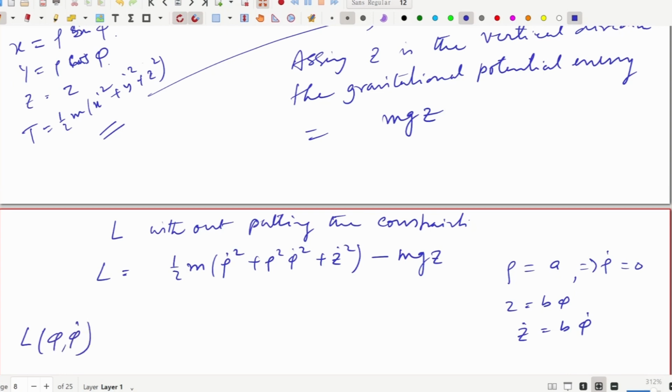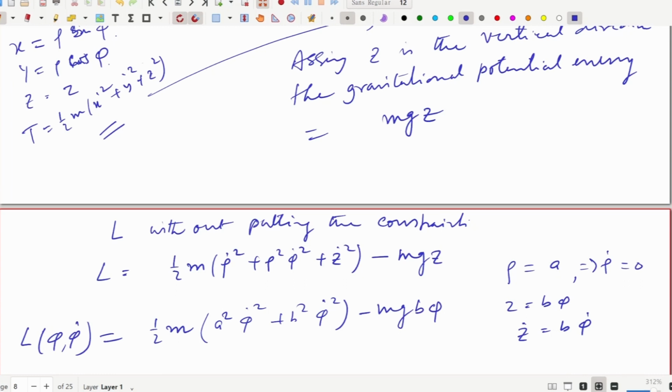Notice you have only one generalized coordinate, one degree of freedom, so the Lagrangian will contain only one variable, and that is phi. It will be half m, with rho dot equal to 0 and rho equal to a, so a square phi dot square from here, and z dot square will give plus b square phi dot square, minus mg b phi.